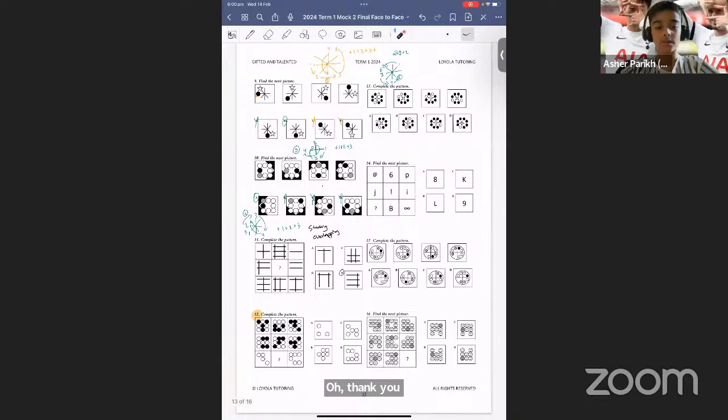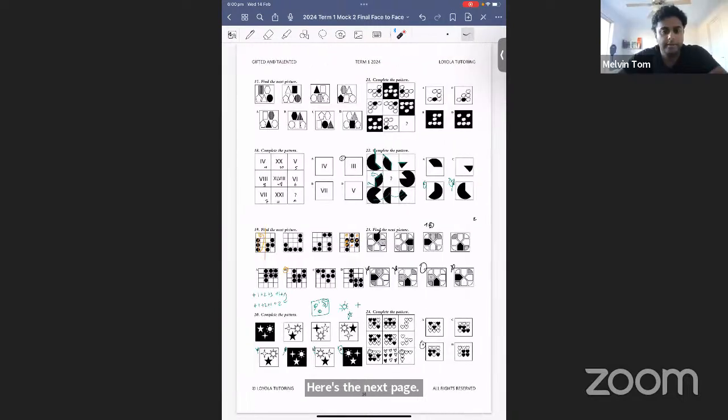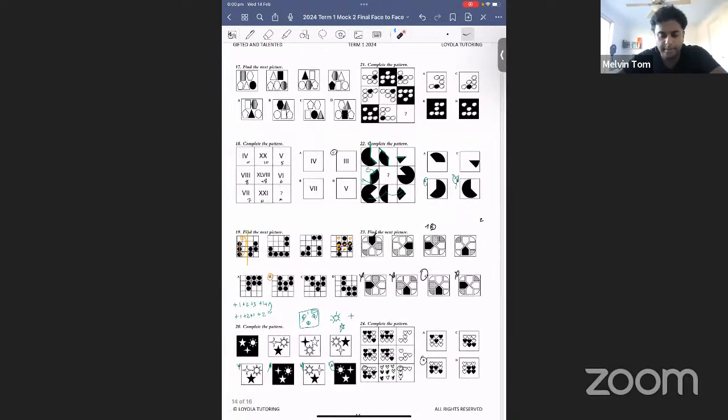Here's the next page. Here is page 3 of abstract reasoning. All right. Here is the next page.